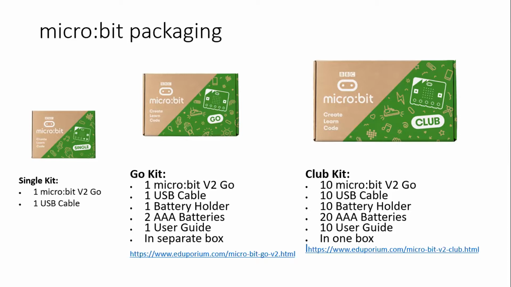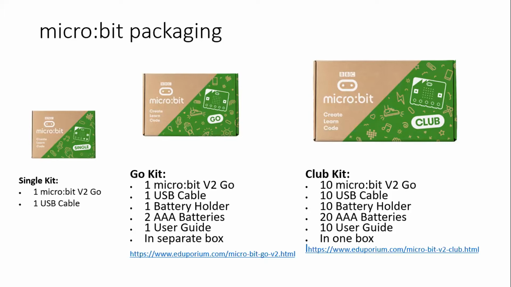The next level up would be a club kit, which would be one box just like that. It doesn't have individual kits, it's individual components: 10 microbits, 10 cables, 10 battery holders, etc. So it's all in one box, which makes it good for some activities. However, the Go kit is great when you're trying to have kids work remotely.